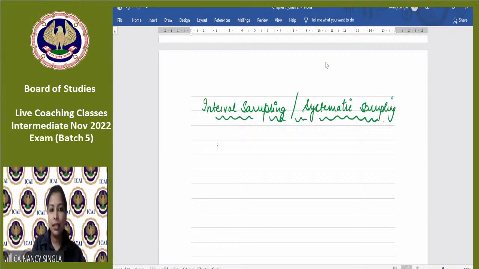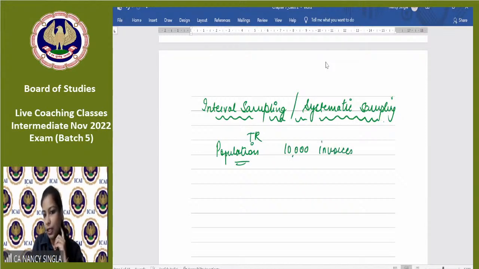So let's take an example. The entire set of trade receivable consists of, let's say, 10,000 invoices. Now let's say I want a sample size of 200 invoices.